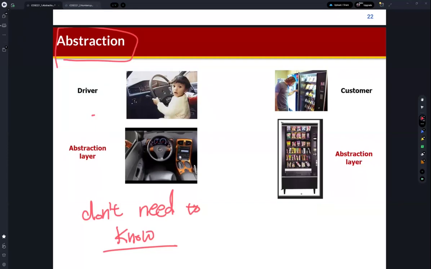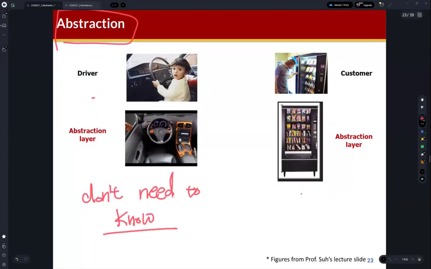Even though a target system is very, very complex, we don't need to understand the entire mechanism or entire organization of the target system. In order to use or understand this target system, we only need to understand a few required things, only a part of the required knowledge.